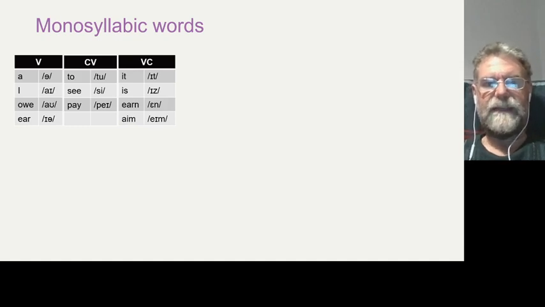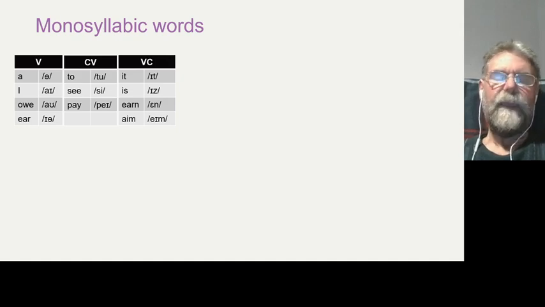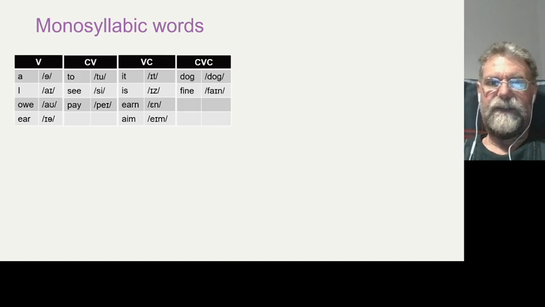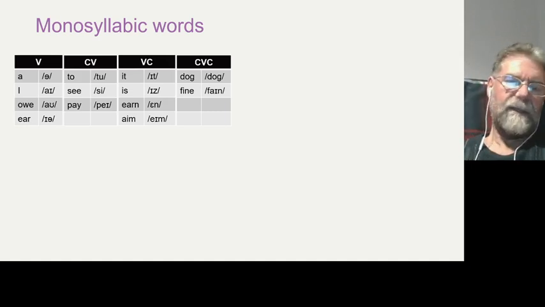So words like it, is, earn, and aim, for example. Then, of course, we can also have a consonant either side of the vowel. So we can have a syllable made up of a consonant, a vowel, followed by a consonant. We've already seen the word dog is like that, but many other words, like, for example, fine, is also such a syllable.